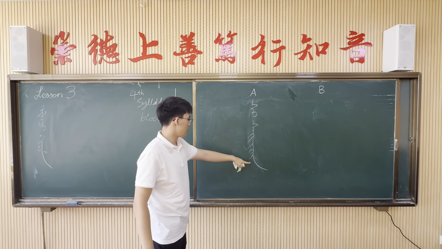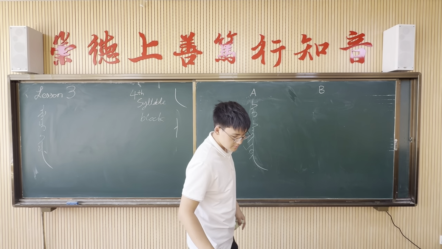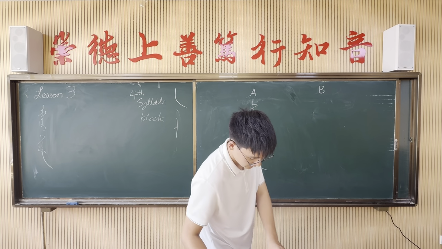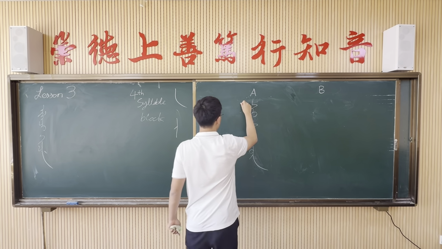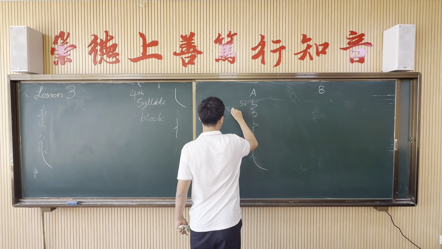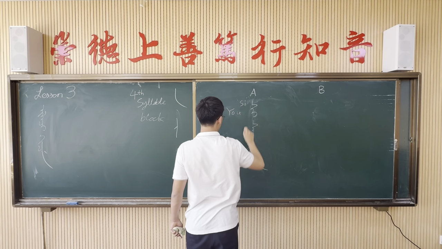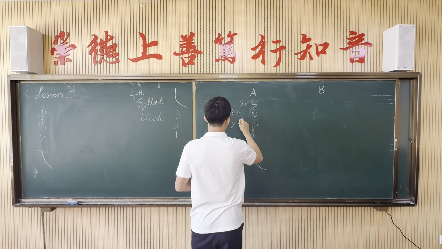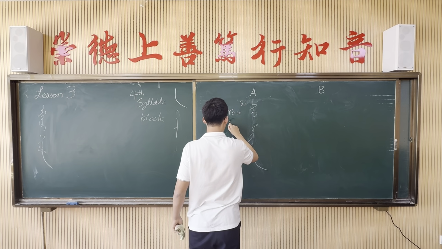Si Sayun. Now Si means, okay, I'll use red to differentiate it. Si means you. And Sayun, okay, means how are you?